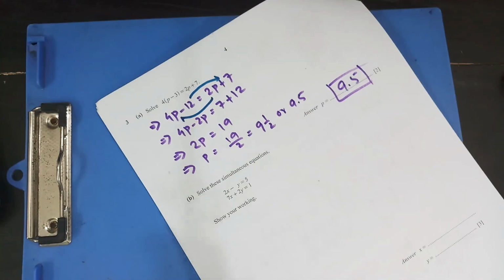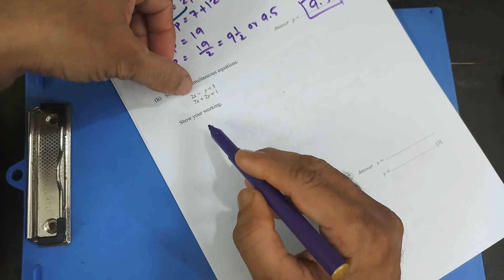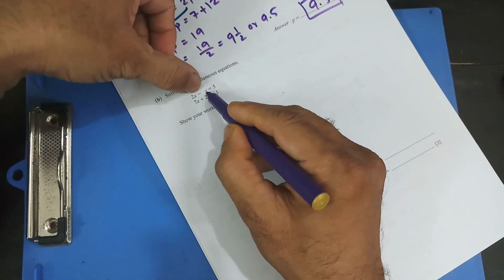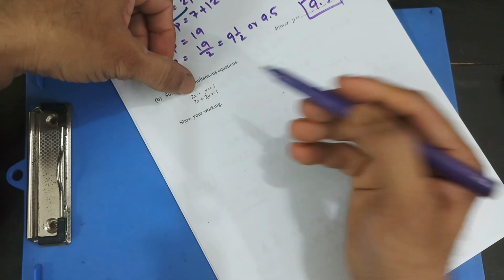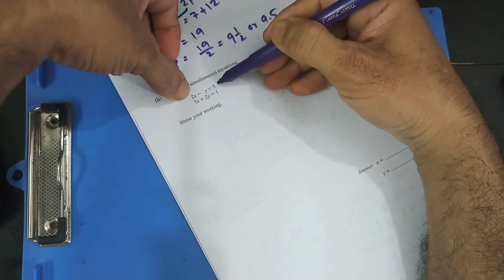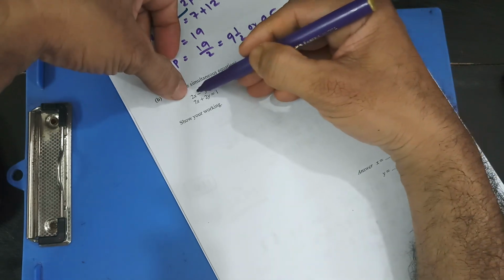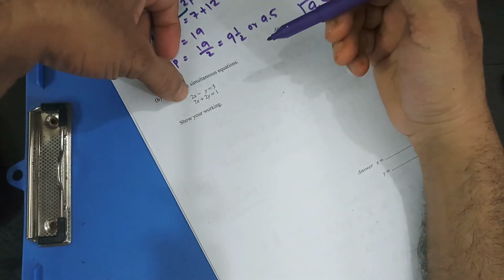Okay, 9.5. Now, next one, solve this simultaneous equation: 2x minus y equal to 5, and 7x plus 2y equal to 1. If I want to cancel out x, I need to multiply the first equation by 7. The LCM of 2 and 7, they are co-prime, so the LCM is going to be 14.